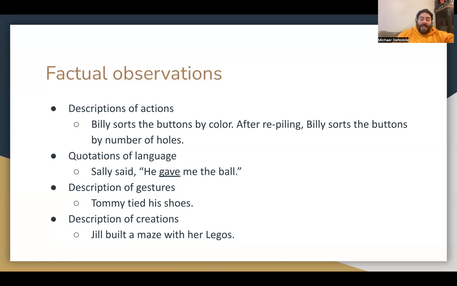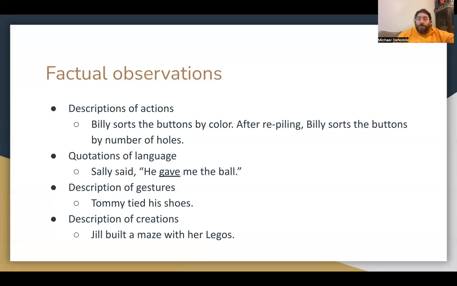Quotations of language. Sally said he gave me the ball. That's the word that Sally used. Gave. He gave me the ball. Description of gestures. Tommy tied his shoes. You don't want to say quickly, slowly. He tied his shoes. If you wanted to add, Tommy tied his shoes, it took him 5 to 10 seconds.